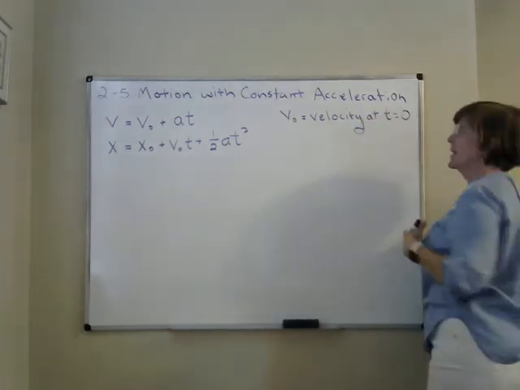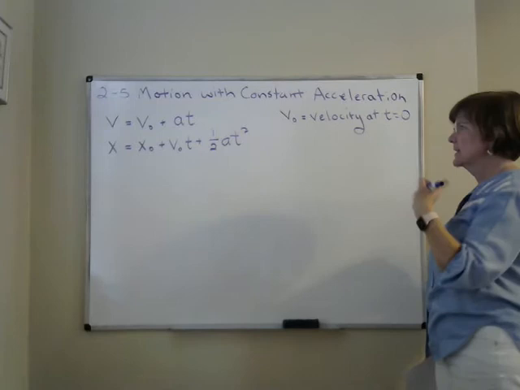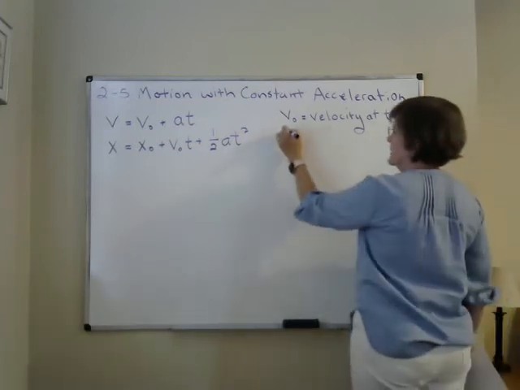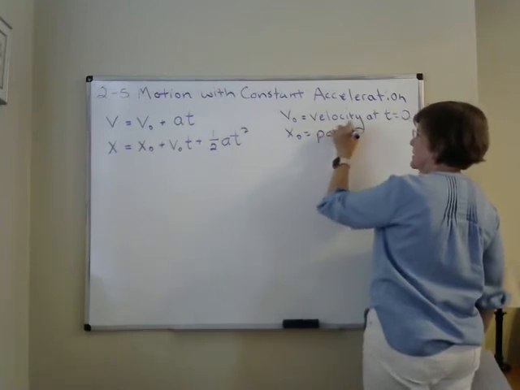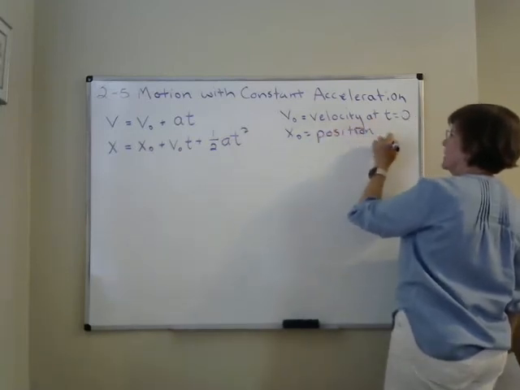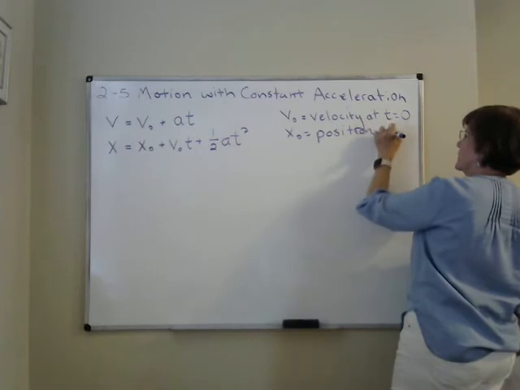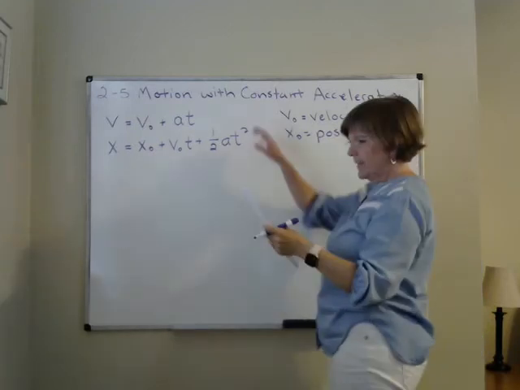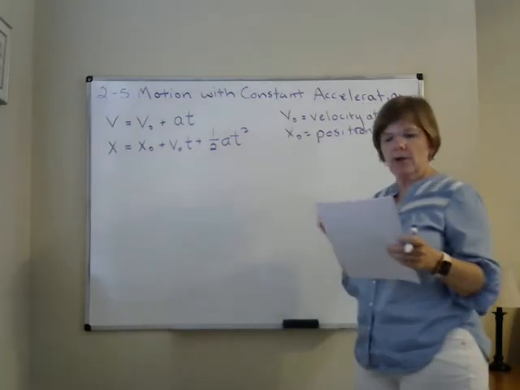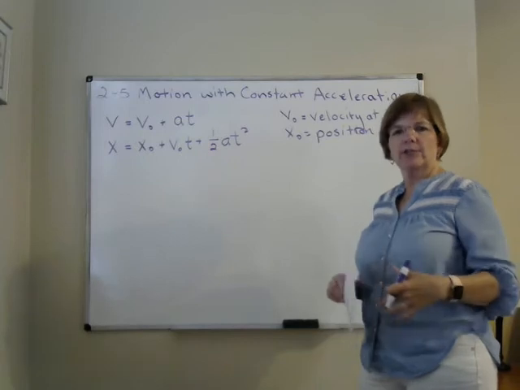We usually call that our initial velocity at time 0. x0 then is just your position at t equals 0. Those are probably the two most commonly used equations.